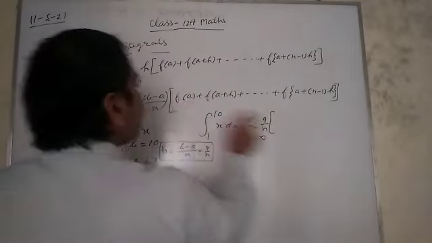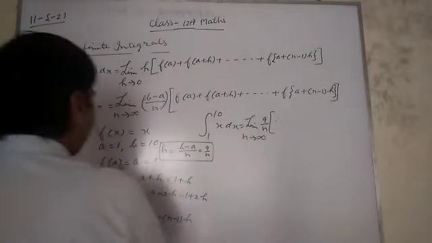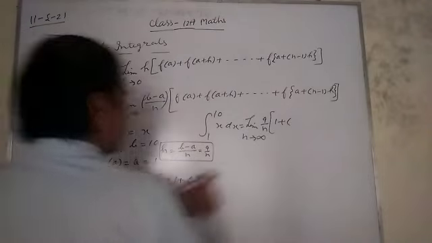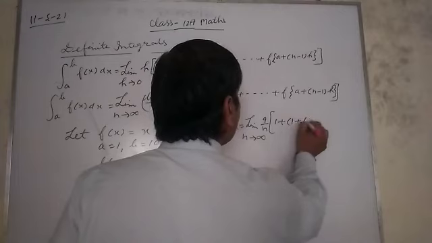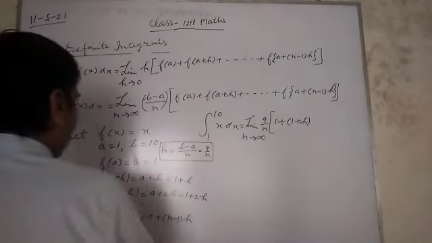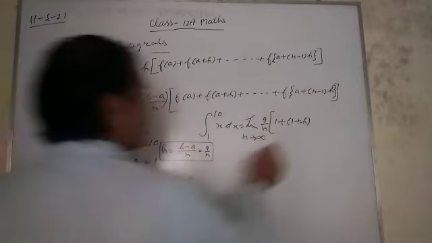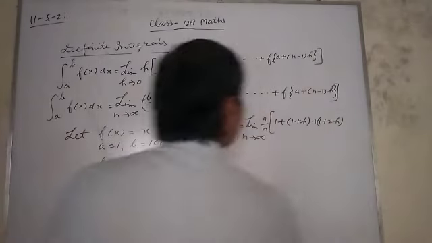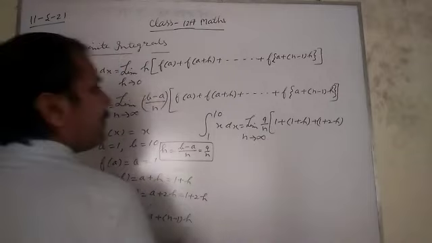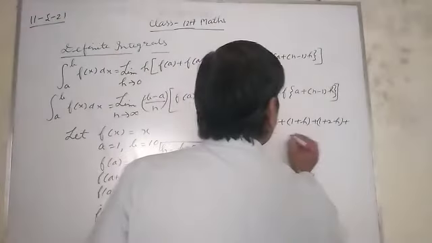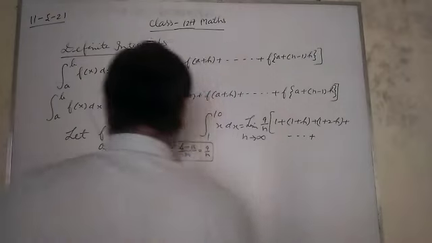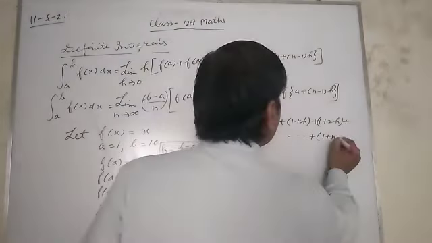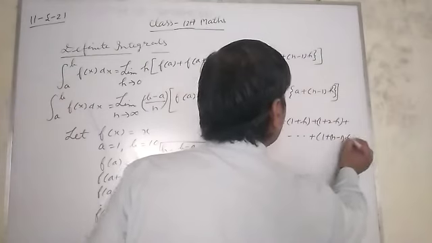And then putting the value of f(a). So f(a) is 1, plus f(a plus h), 1 plus h, and f(a plus 2h), so 1 plus 2h, plus dot dot dot, 1 plus (n minus 1) into h.